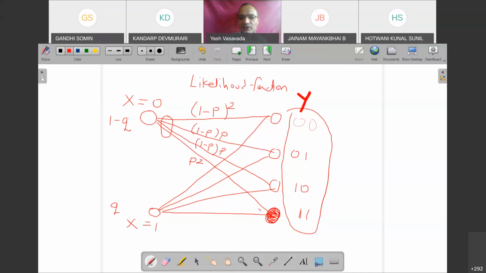And so now you are going backward. Remember what we had. You're going towards x equal to 0 and x equal to 1. So that is what you need to do to solve this problem.